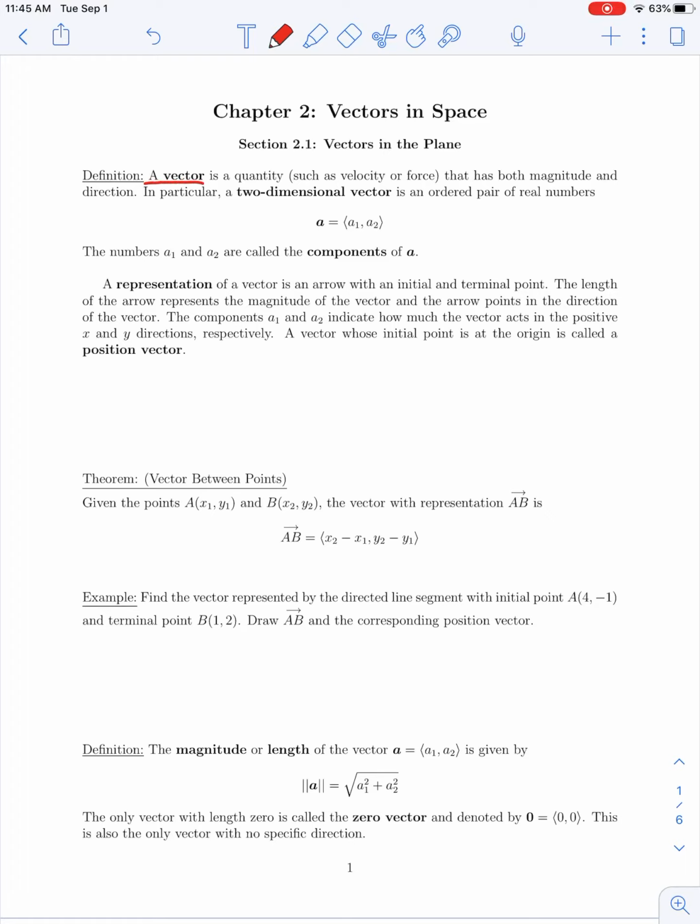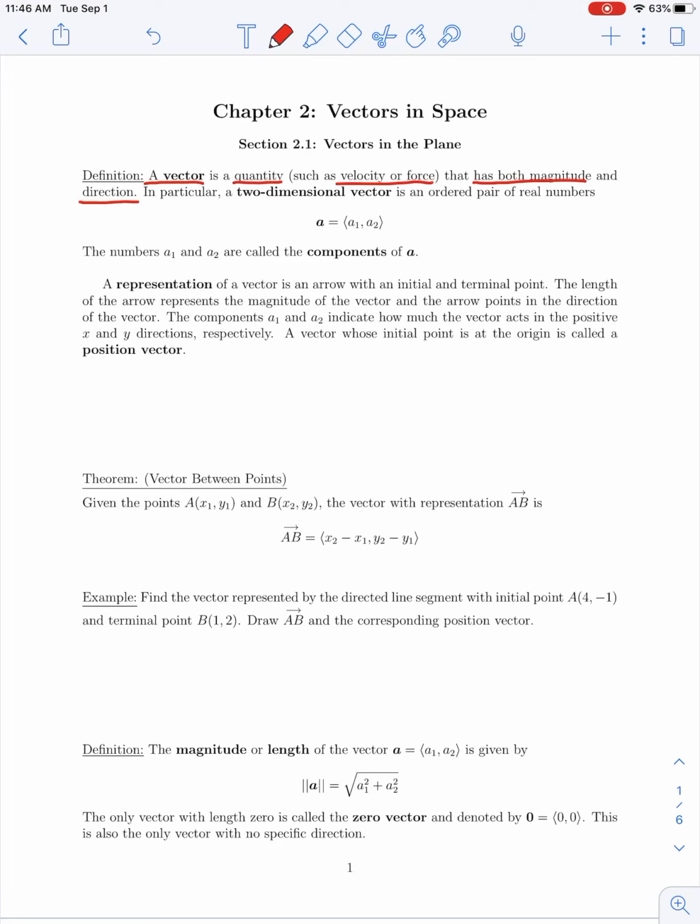A vector is a quantity such as a velocity or a force that has both magnitude and direction. So in particular, when we talk about forces, forces have some magnitude, like the strength of the force, but they also have a direction. We need to know in a lot of physical problems what direction a force is being applied in.